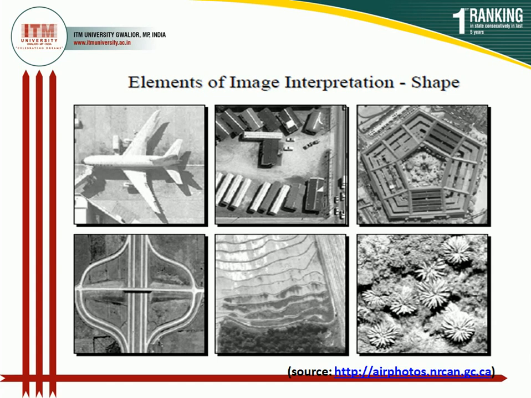A railway track and a highway can clearly be differentiated only on the basis of shape, because they both have a peculiar shape. Every feature in nature has a distinct shape, which gives an idea about the identification of a particular object. Like beach, lake, pond, and river can be differentiated only on the basis of their shape.